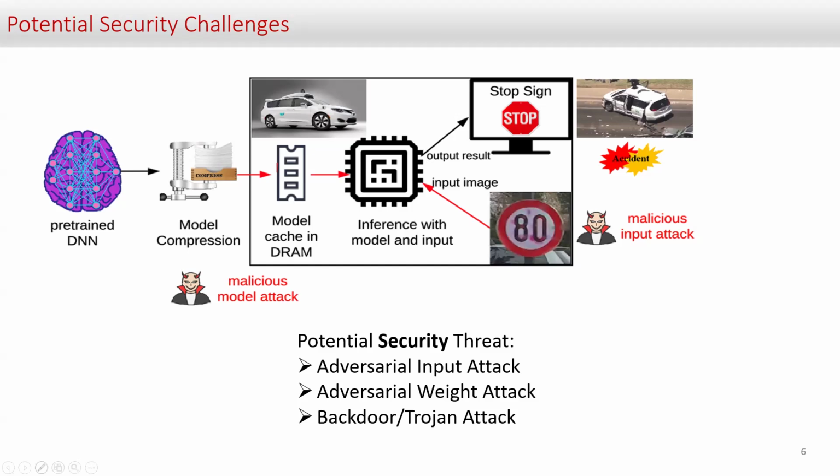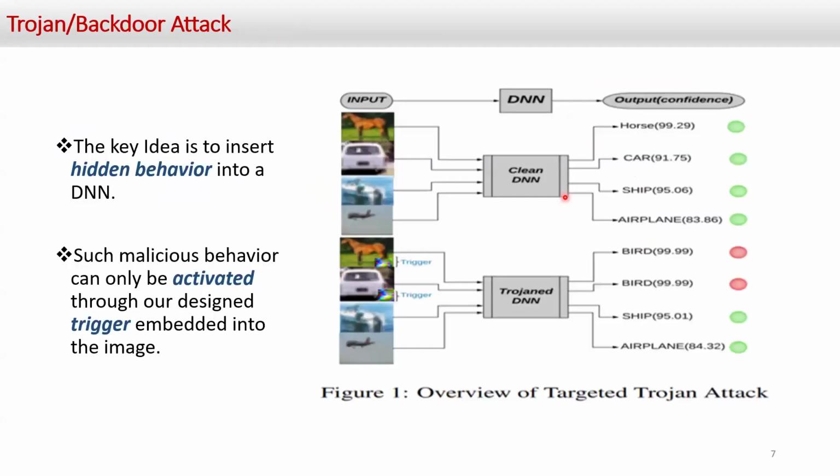Second, the attacker can cause model perturbation, disturbing the model weights to achieve the same kinds of behavior. The third one is the backdoor Trojan attack, which modifies both the input and the weights to get these kinds of harmful behavior. Let me go into a little bit of detail on the backdoor attack.